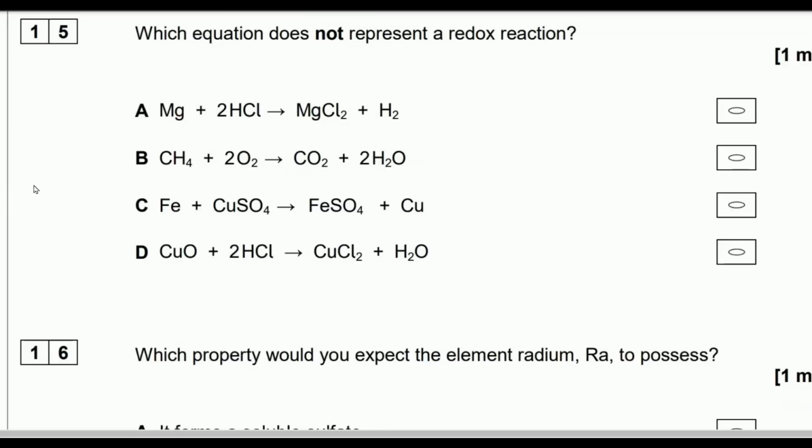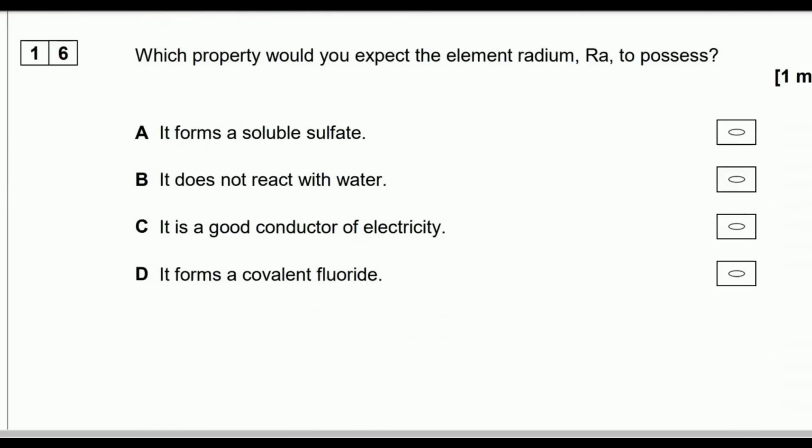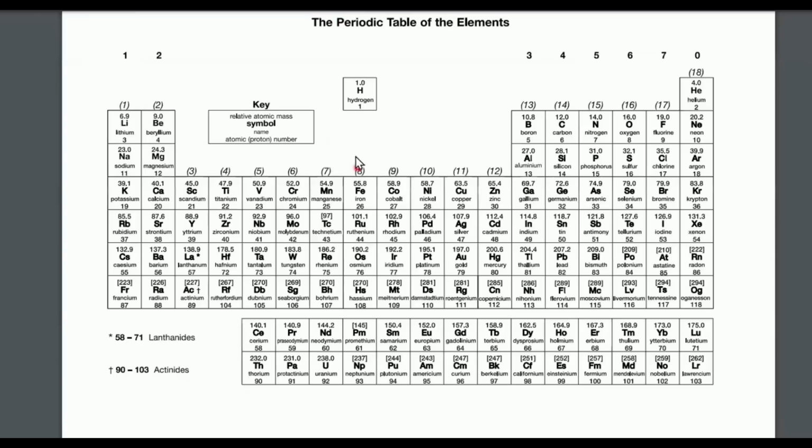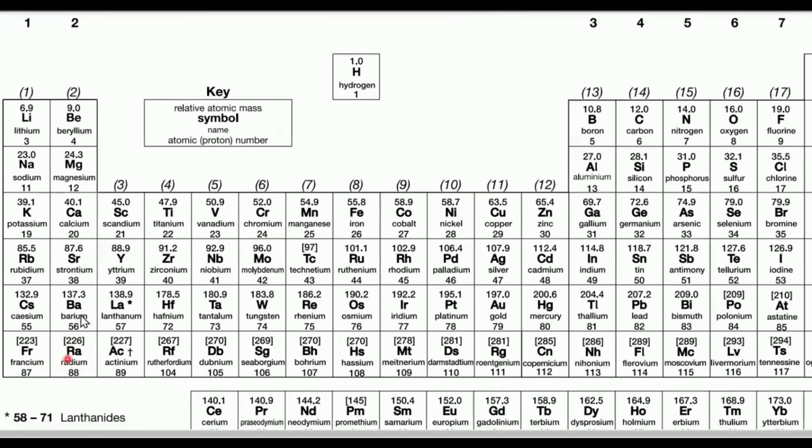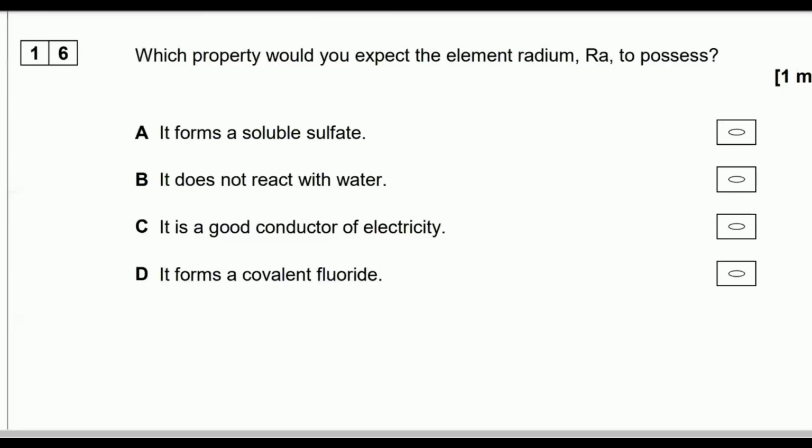All right, we're going to zing down now and check out number 16. Which property would you expect the element radium to possess? Well, let's zing over to the periodic table and first of all, check out where radium is. You can see here, radium's right at the bottom of group 2. So what's the pattern as you go down group 1, 2, and 3?